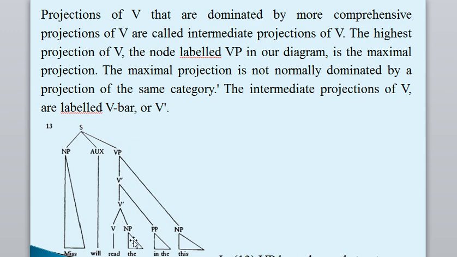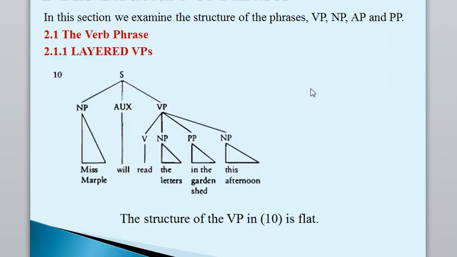So this is not a flat structure, okay? This is a layered or hierarchical structure. You see again the previous tree diagram, we call it a flat structure because all of the dependents of the verb, for example NP, PP, NP, are beside each other. You see, this is a flat structure.